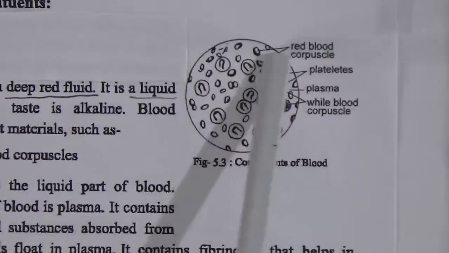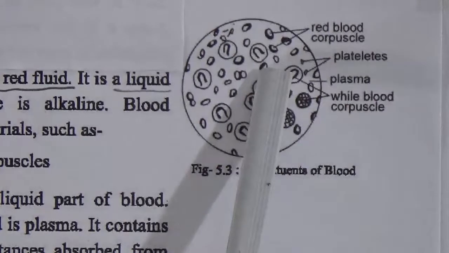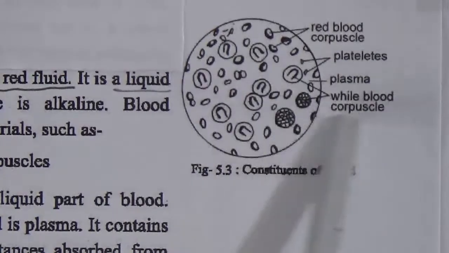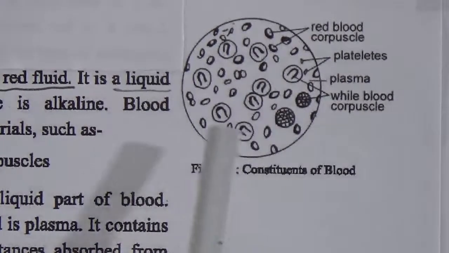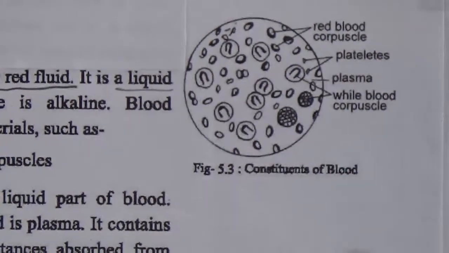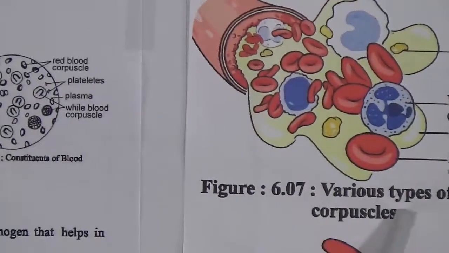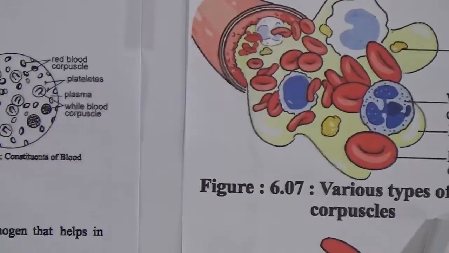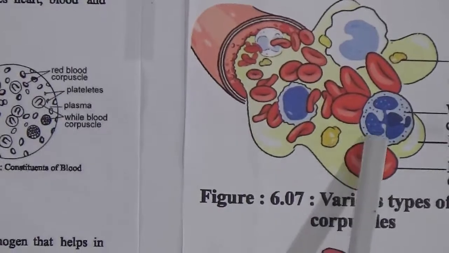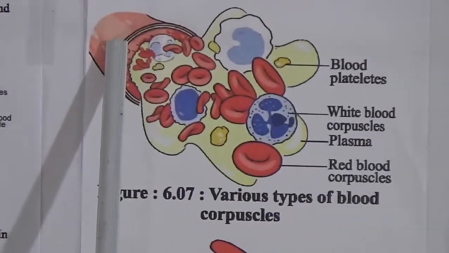You can see here is a red blood corpuscle, platelets, plasma and white blood corpuscles. Before we read details, here is another picture in color for your better understanding. If you can see, we can understand this better. Here is a vein.